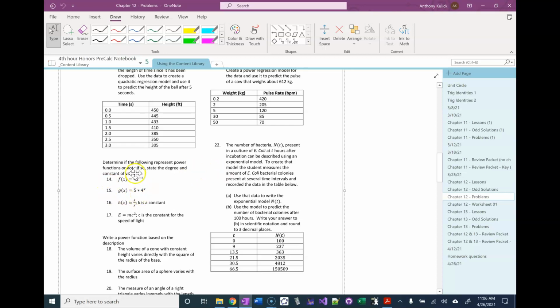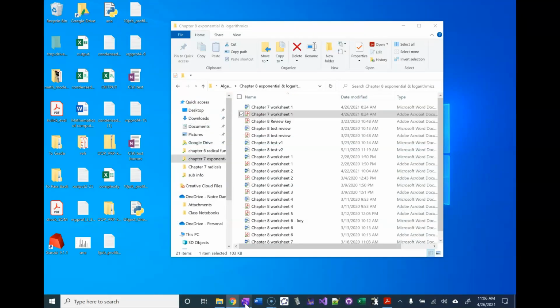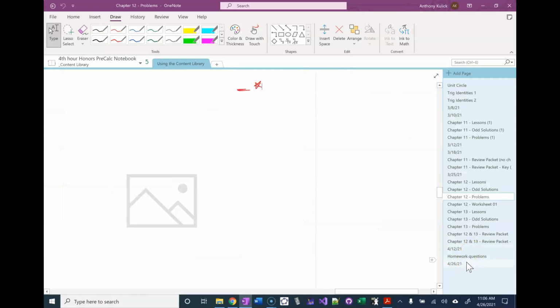So 16 asks, do the following represent power functions, yes or no? And if so, state the power and the constant of variation. So the trick here is the x in the denominator. This was k over x.